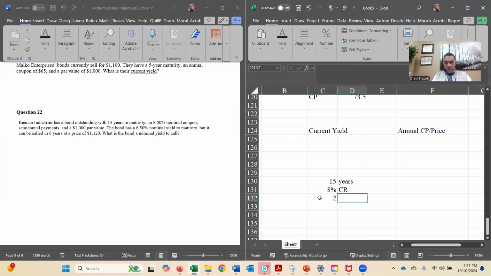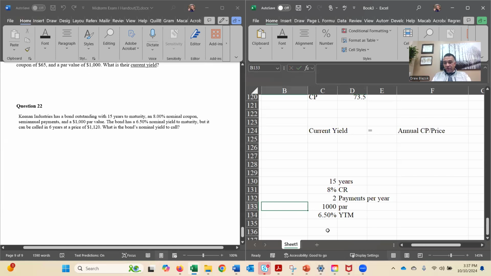That's 2 payments per year. Par 1,000. Yield to maturity 6.5. That's yield to maturity.